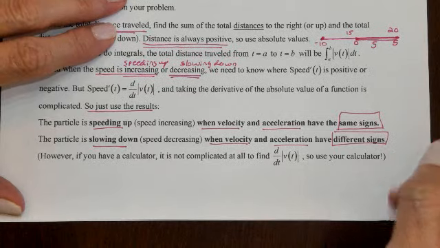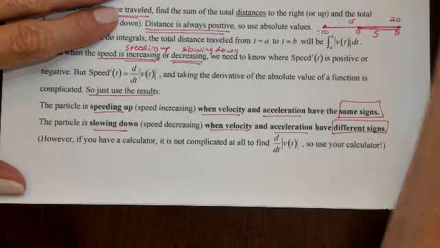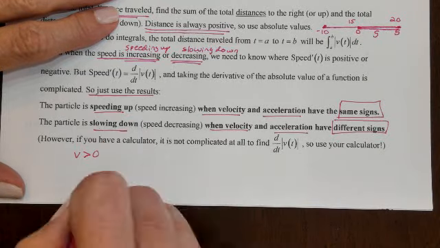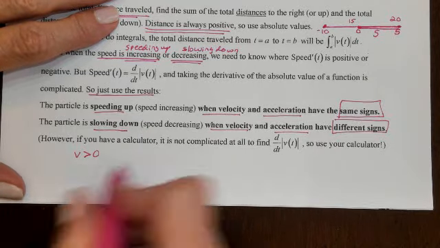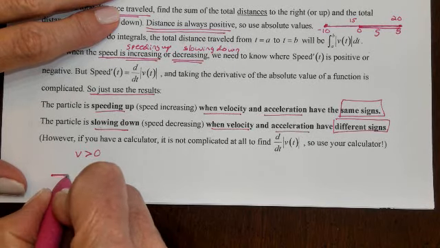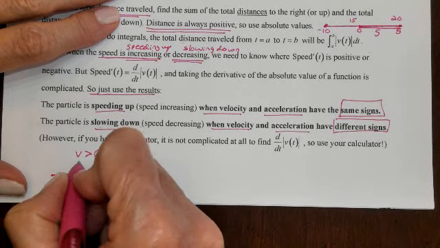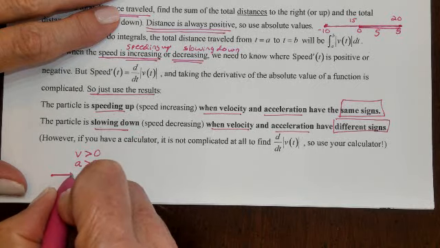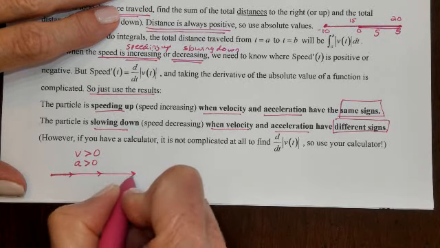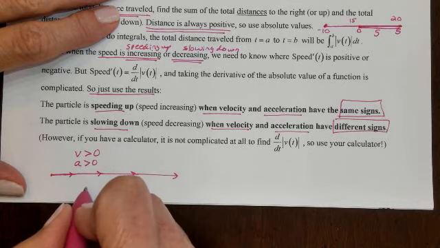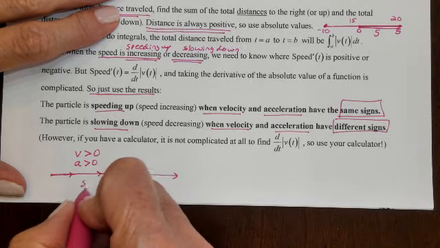Here's the way to kind of explain that to you. If your velocity is positive, let's do a horizontal axis because I have lots of room here. If velocity is positive, that means you're going to the right. If acceleration is also positive, that means not only are you going to the right, but you're going to the right faster and faster and faster if acceleration is positive. So that means you're speeding up.